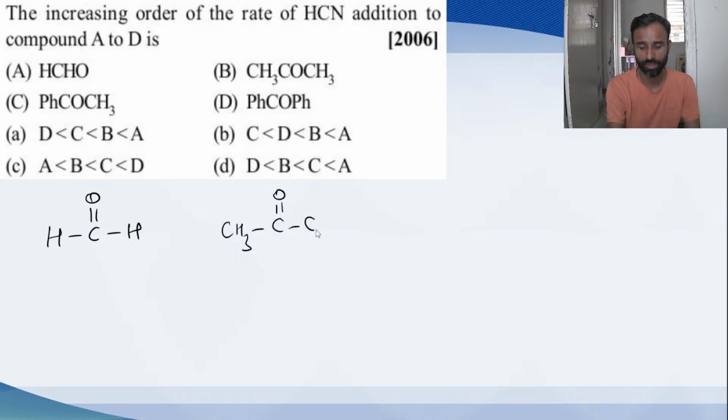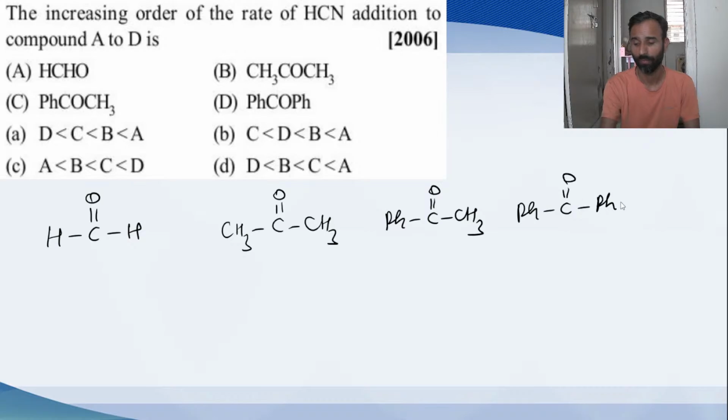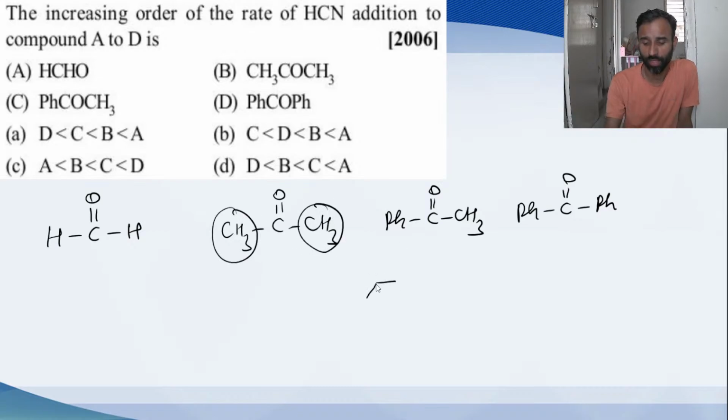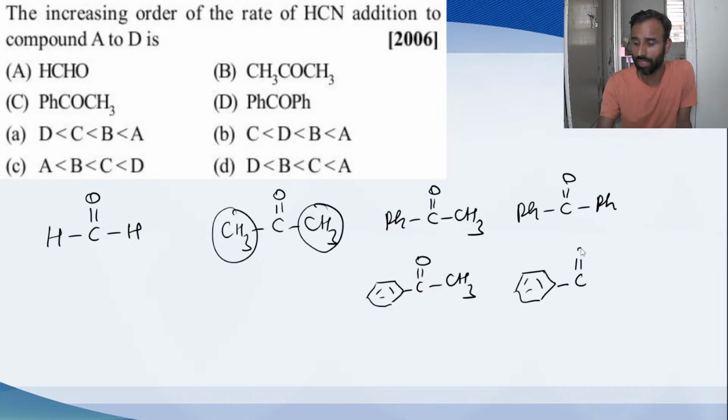Second one is acetone. Third one is acetophenone. And last one is benzophenone. But you know, here these are bulky groups, but bulkiness increases further in acetophenone, and these are the bulkiest groups.